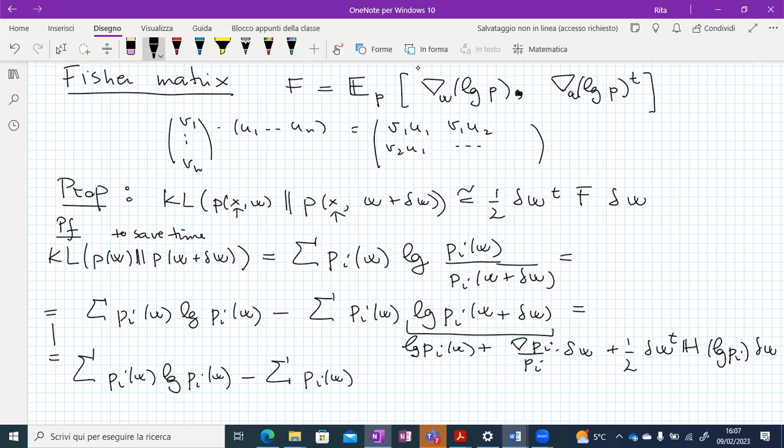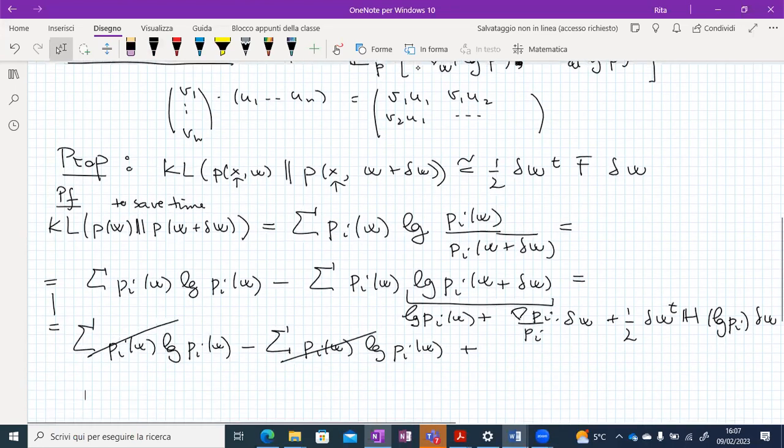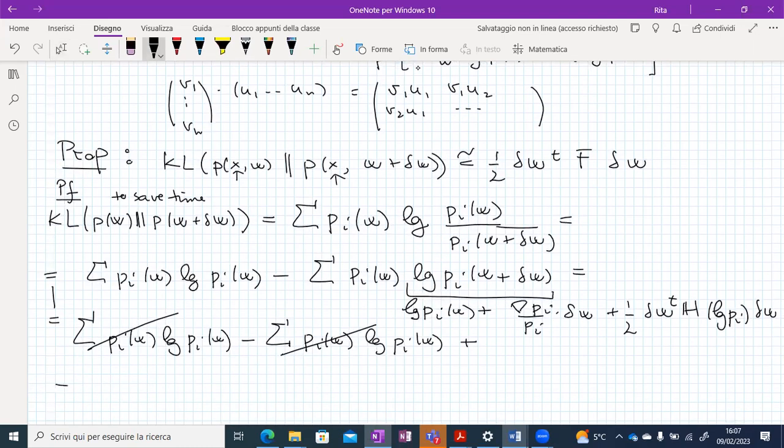This is logarithm of P_i(w) plus, so this clearly goes away with this. Now what remains is minus, minus 1/2.